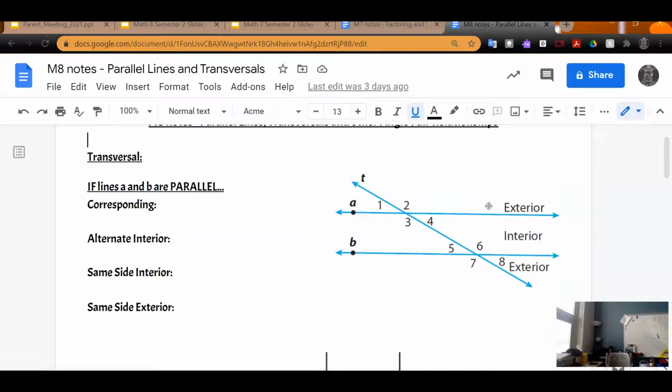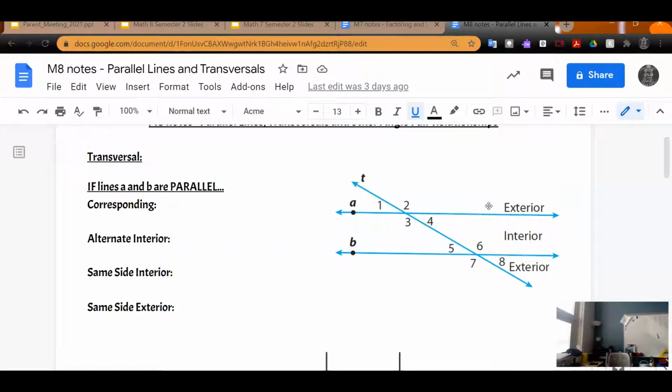And I want you to try to figure out same side exterior on your own. Write down an example of the pairs and what do you think they do? Are they congruent? Are they supplementary? Are they complementary? What do you think? I'll try.